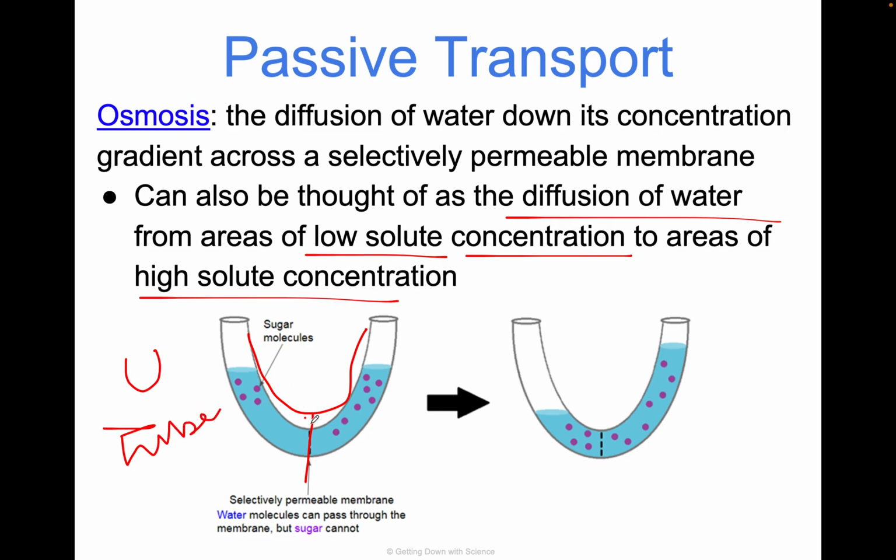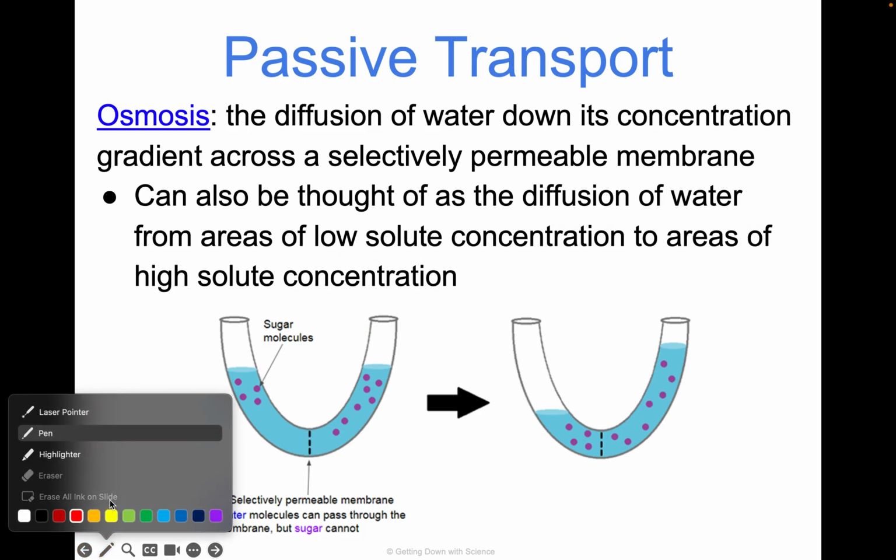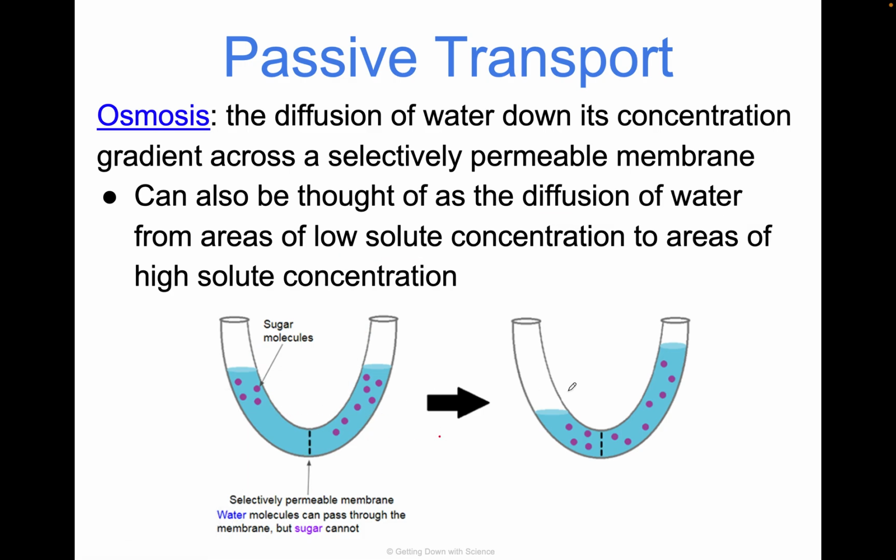Anyway, there's a selectively permeable membrane that allows water molecules to pass through, but not sugar. And you put some sugar molecules on one side. So you can see there's more sugar molecules over on this side than there is on this side. Eventually, what will happen is this water level goes up as this water passes through. Think of it trying to dilute this sugar water, right?